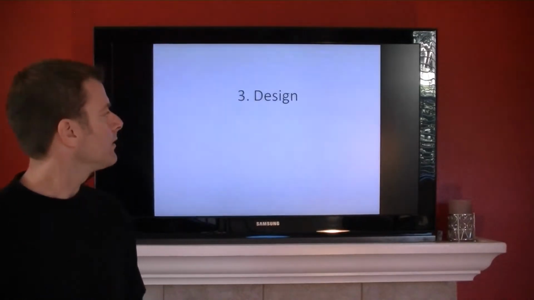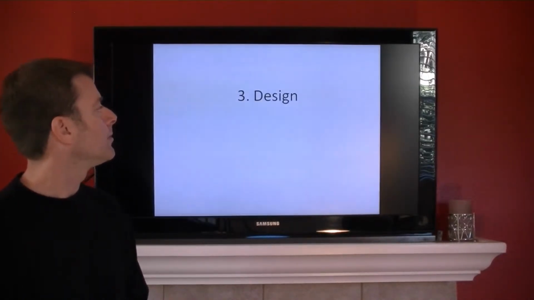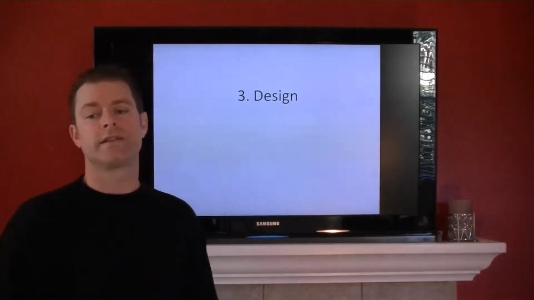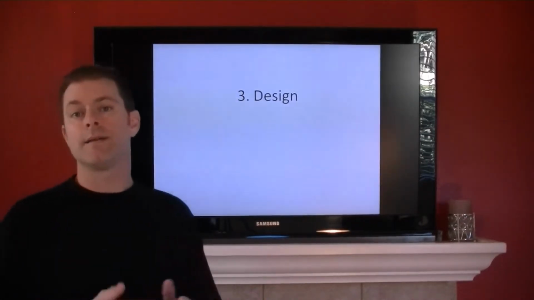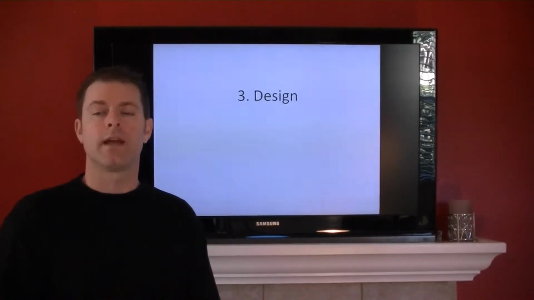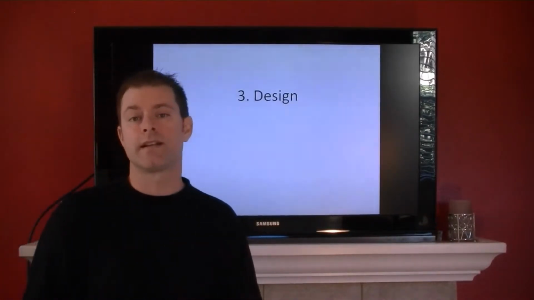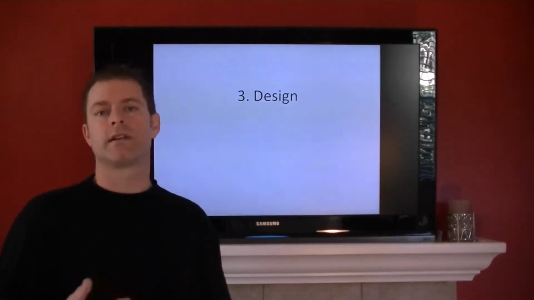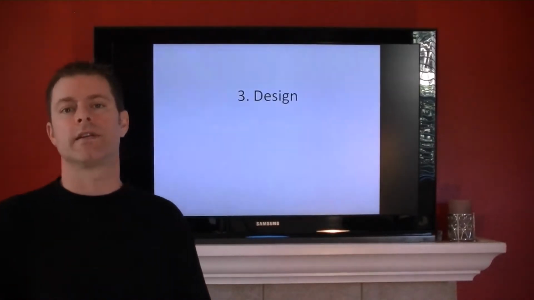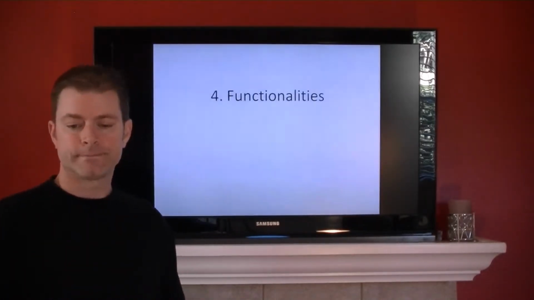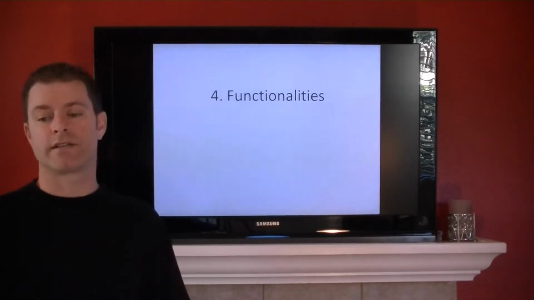The number three thing that goes into determining the price of a website is the design. Is it an already pre-made design or template? If so, the cost will most likely be much lower. If it is something that is designed from scratch, then that's going to impact and increase the cost of the website. Number four, the functionalities of the website.